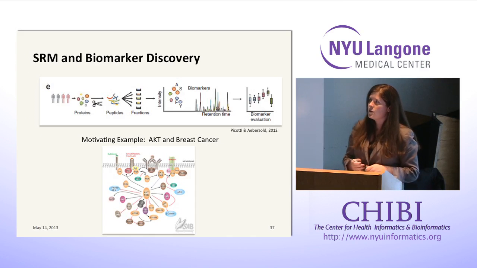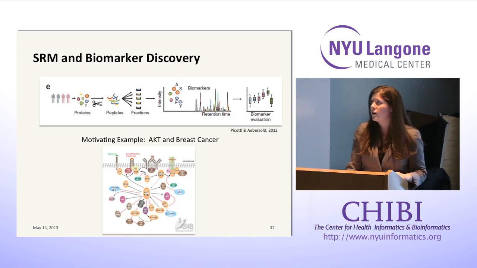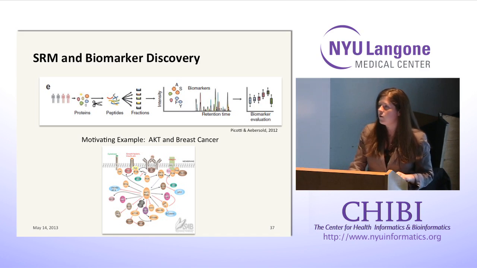SRM has been used for biomarker discovery, where you have your disease and your controls, and you are interested in a certain protein or peptide, and you want to see if it's, let's say, higher in your disease population. You do the typical preparation for mass spec, and then you compare how much of that peptide you see in your controls versus your disease population.